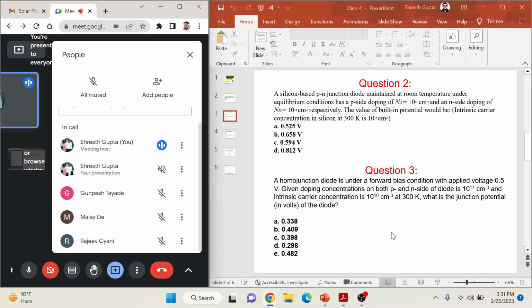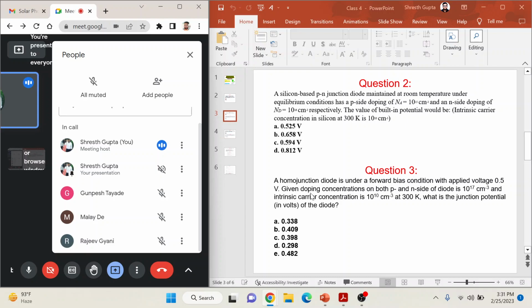So let's move to the next question of today. Question number 3. The starting 5 questions today are numericals, so I am trying to improve your solving skills and show you what kind of questions could come. A homojunction diode is under forward bias condition with an applied voltage of 0.5 volt.